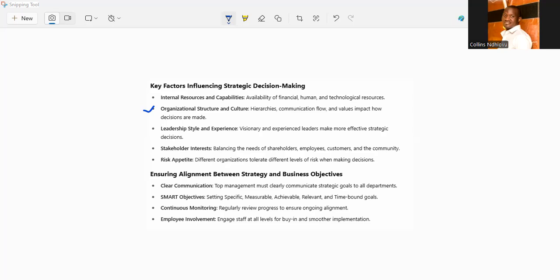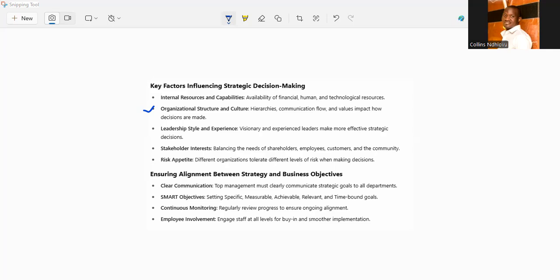So on the organization structure and culture, when we're talking about culture, we're talking about what? The common beliefs, the norms that the company has. So this plays a very key role in shaping decision making. So if you have a strong, cohesive culture that aligns well with organization goals, it can help to align the decision makers around a common vision.